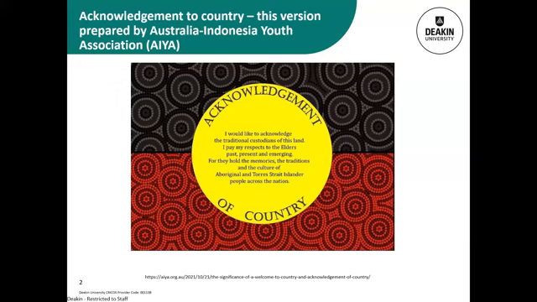Each week we'll show how different organisations recognise the Indigenous people of Australia and also the Torres Strait Islanders, because again, this is what companies and organisations are doing now, and it's also a really important part of management to recognise those first people, and also to recognise the diversity that we have within the community and within organisations. So I would like to acknowledge the traditional custodians of this land. I pay my respects to the elders past, present and emerging, for they hold the memories, the traditions and the culture of Aboriginal and Torres Strait Islander people across the nation.